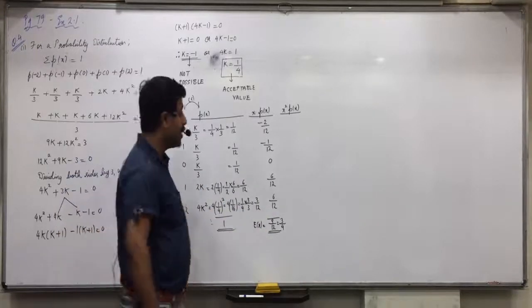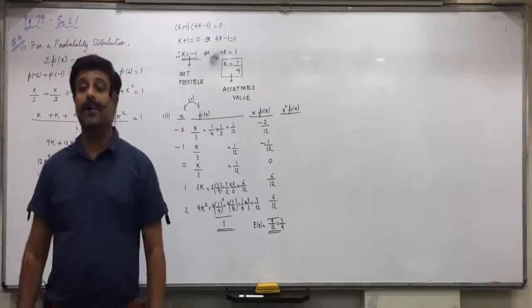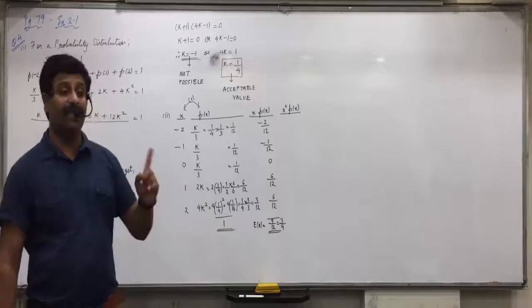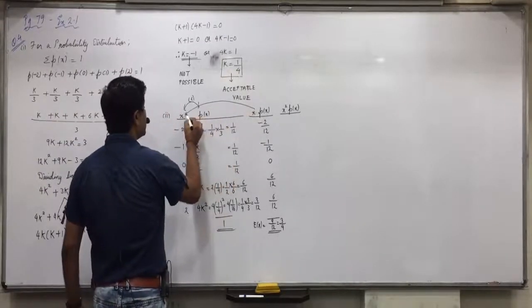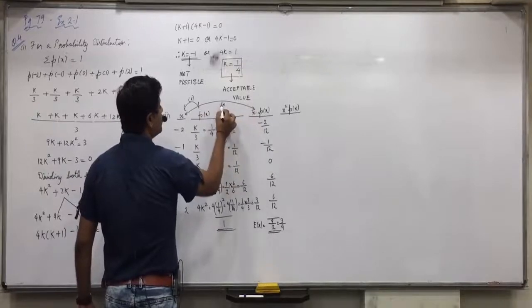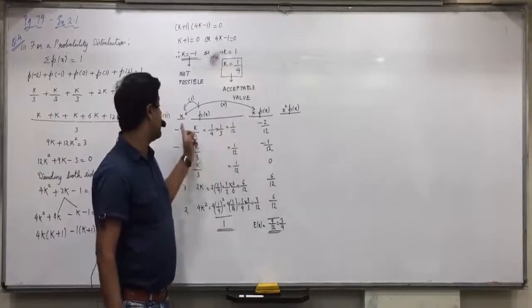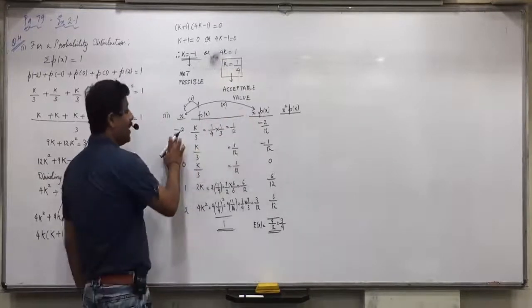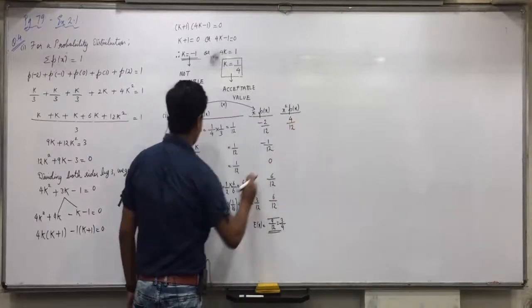Understood this? Now how would you find x square into p(x)? Like in standard deviation, how we used to find f_i x_i square? f_i x_i into x_i, same way, x p(x) into x. How will you find x square p(x)? It is x into x p(x). X into x will become x square. Yesterday I explained to you. Minus 2 into minus 2 by 12, 4 by 12.